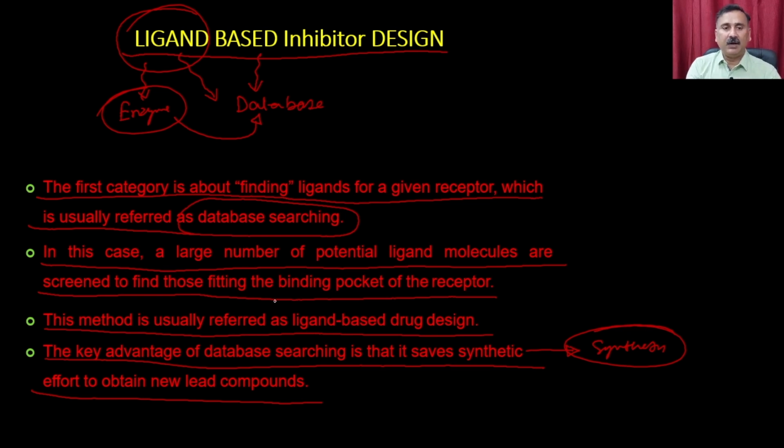Because if this ligand is good, and you search the database and find an alternate molecule exhibiting similar properties, it is also going to be an inhibitor.